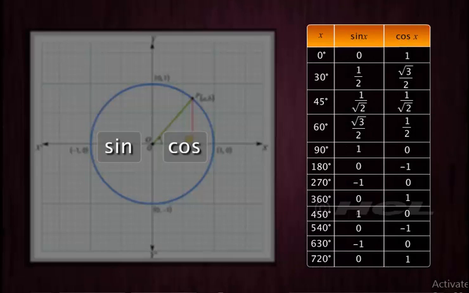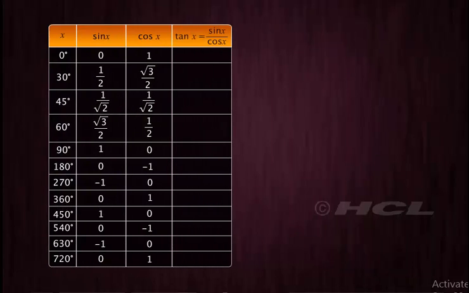The values of other trigonometric functions, such as tangent, can be obtained using the values of sine and cosine functions. We know that the trigonometric function tangent is defined as the ratio sine x over cos x. And the value of tan becomes 0 when the value of sine is 0. Notice that the tangent function is not defined when the value of the cosine becomes 0.